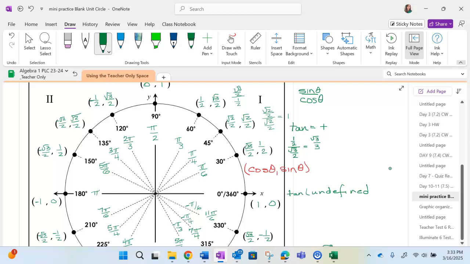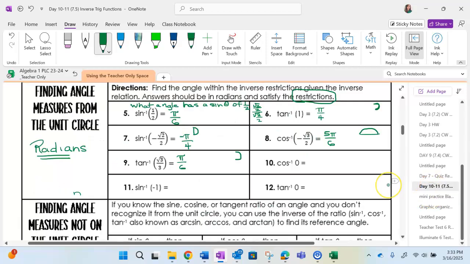And we might need to go through these first. Over here, it's 0 over negative 1. Okay, this one is 0 over negative 1, which equals 0. So pi works. And because in cosine the restriction includes 0 and pi, we get an answer. So the answer to this one is pi.